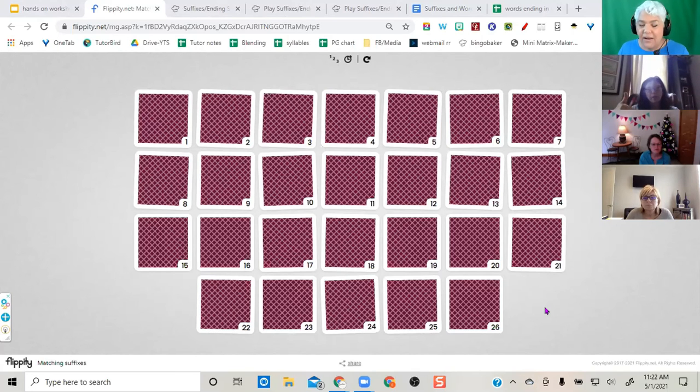They don't know every time they come to that suffix what it means in that word, but they're recognizing the suffix so that they're better able to decode the words. I don't like the games where it's like, which suffix means condition of, which suffix means the quality of. That does not help you decode the word.